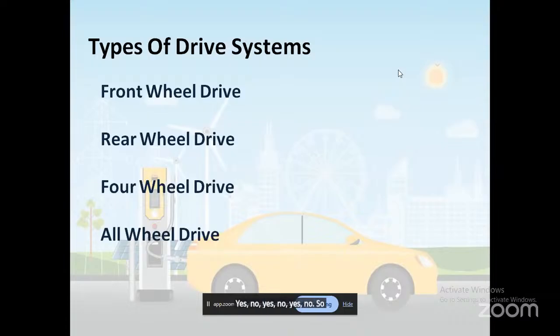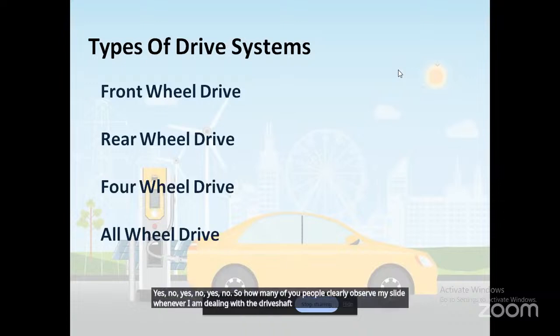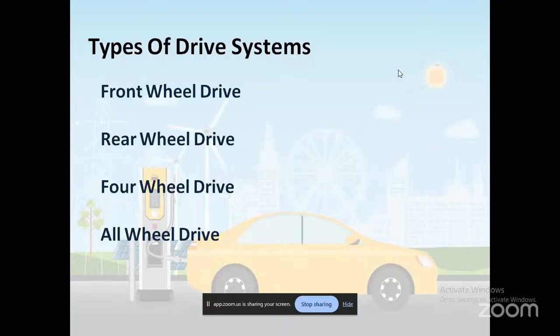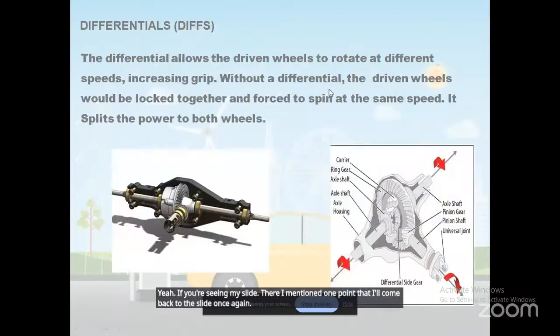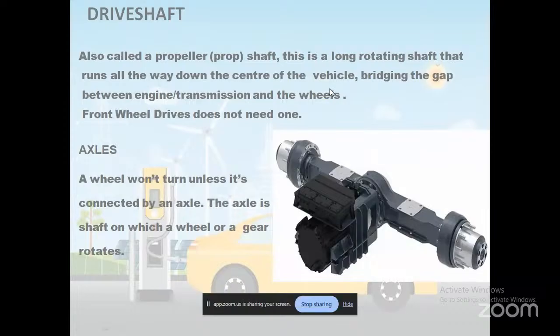How many of you clearly saw my slide when I was dealing with the drive shaft? If you have seen my slide, I mentioned one point there. Now, after seeing this slide, tell me: does front wheel drive require any drive shaft?